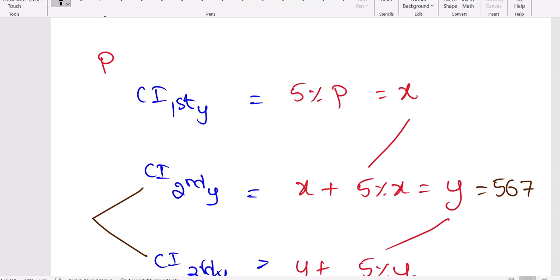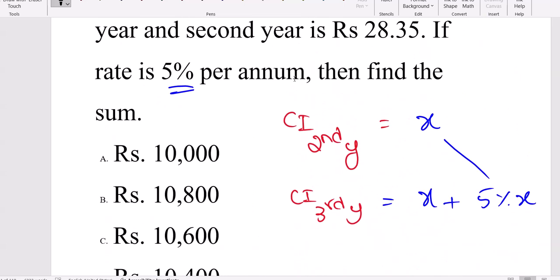So X is the interest. For that I am taking interest in the second year. That is why the name compound interest came: interest for interest. X is interest, and for that I am taking interest 5%. Why 5% only? They gave in the question rate of interest is 5% per annum.